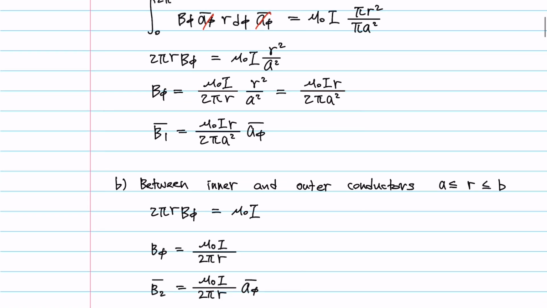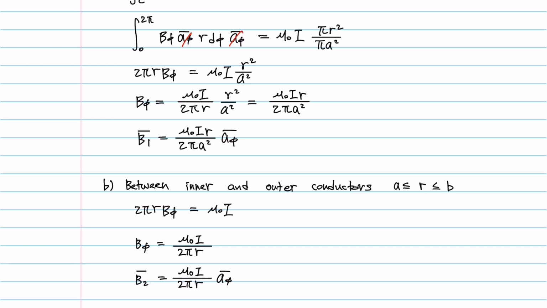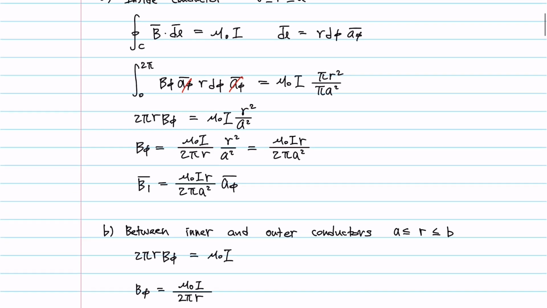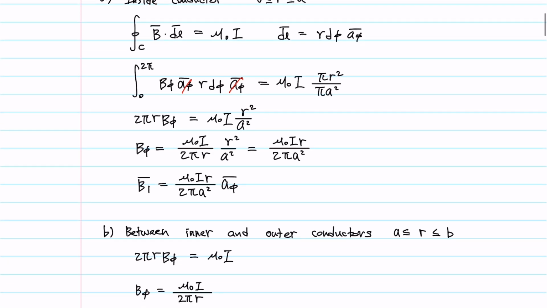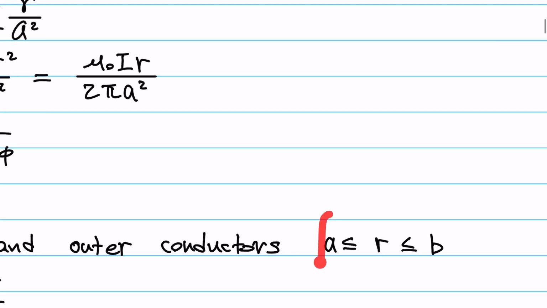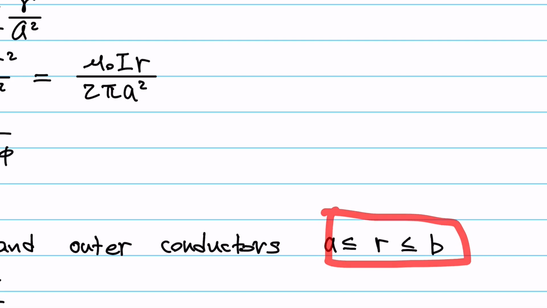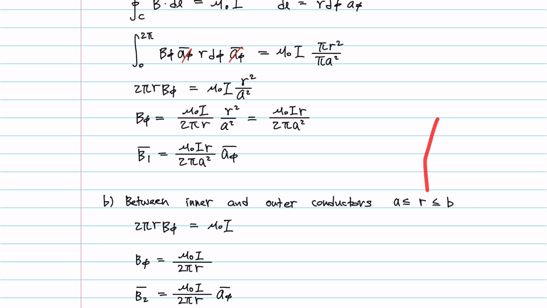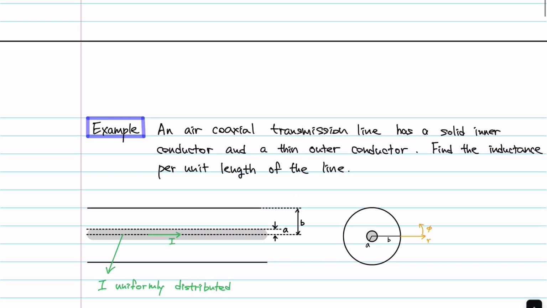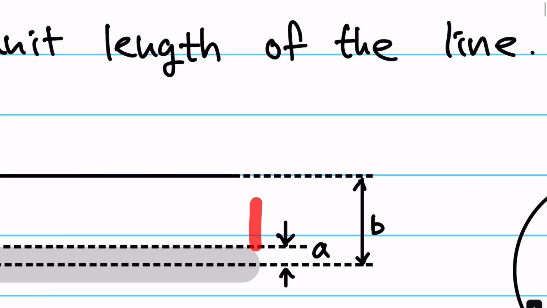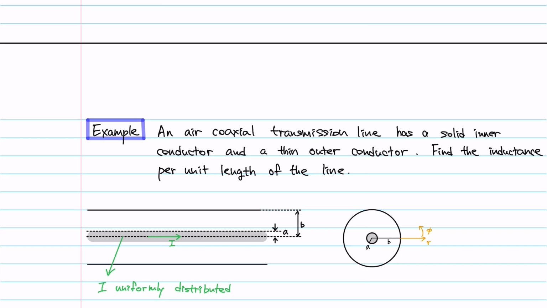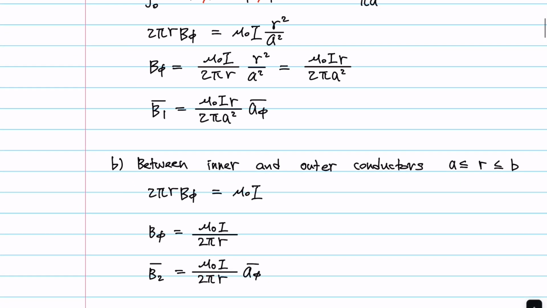The second thing we need to do is calculate the B field outside the center conductor. So the location of the measurement will be from a to b, greater than a and smaller than b. So if you look at the picture again, it's greater than a and smaller than b, so it'll be between this gap. That's where the B field we're trying to measure is.